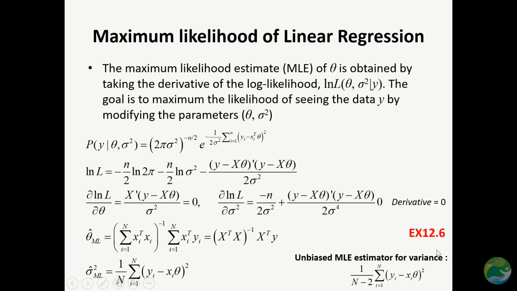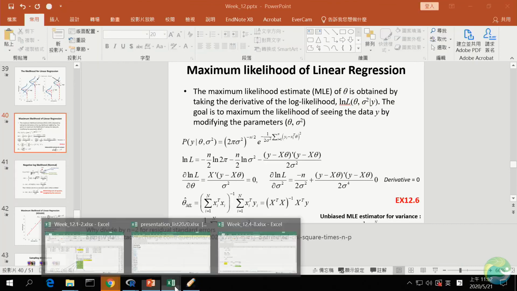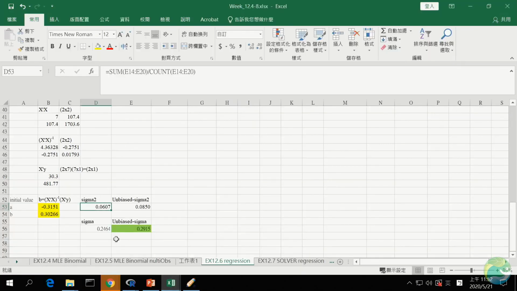And the unbiased estimate for sigma uses n minus 2, because we have 2 parameters. This is related to some statistical property. I'm not going to detail it, but just tell you, if you just do the derivative, this is biased. You need to subtract 2 to become unbiased, because you have 2 parameters. Okay? So this is the unbiased one.